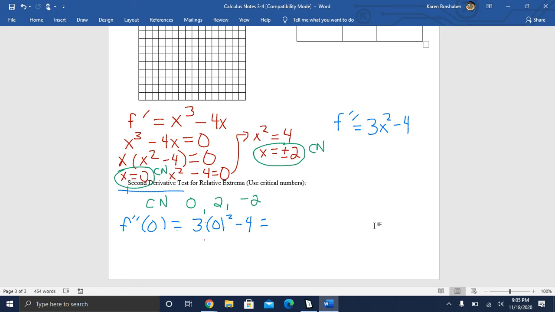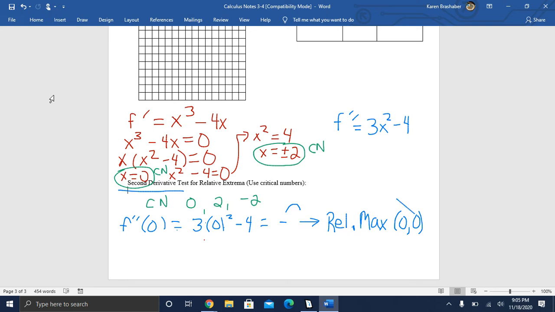So this is going to be 0 minus 4, that is negative, and therefore my conclusion is that I have a relative max. You can think of it in this way. If your second derivative is negative, then that's going to be concave down, and so you would have a relative maximum. That's going to be 0 for your x, and if you substitute it into your original problem, you would get 0 for the y.